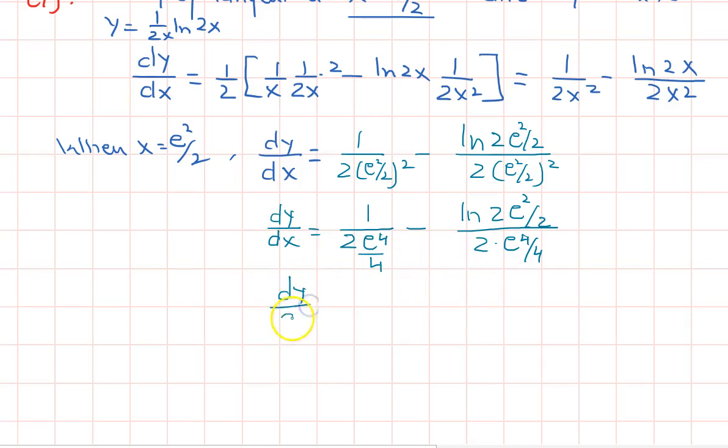So dy over dx will be 2 over e to the power 4 minus, this 2 and 2 cancel, this 2 will come here, ln e will cancel automatically, this will cancel by 2, this 2 will go up there, and this will be e to the power 4.